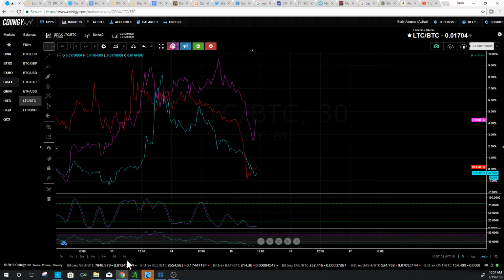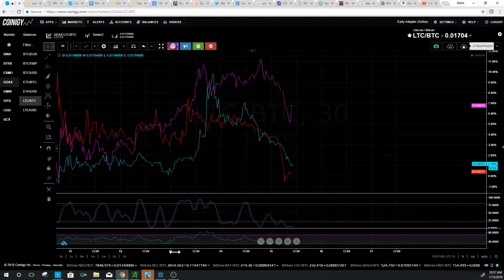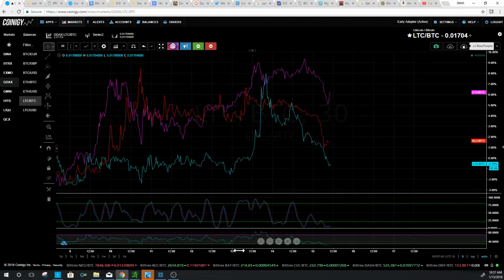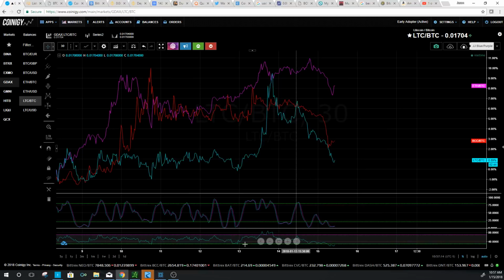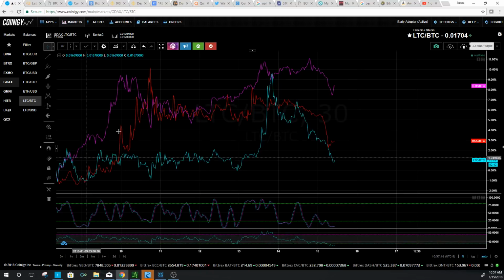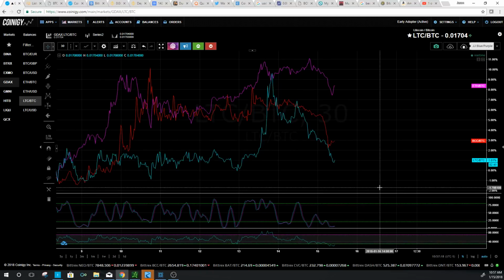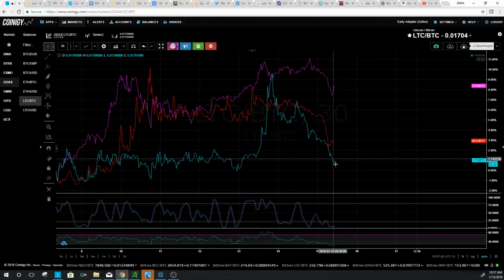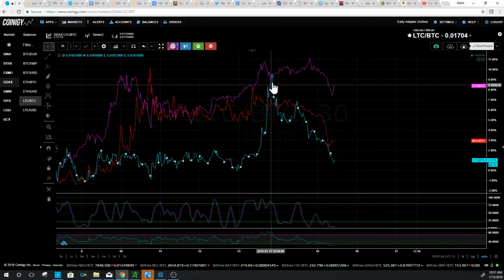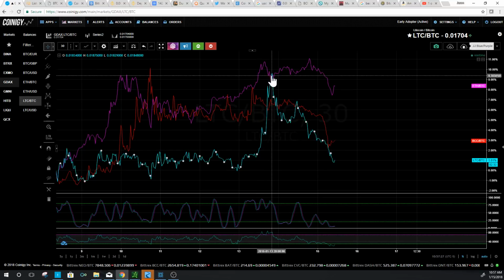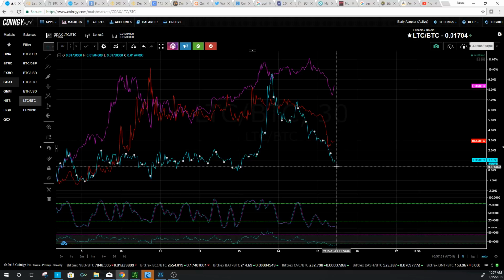Cash too. This is what I mean. It kind of depends on where you start these charts. You want to get a good relative view. To me, Litecoin definitely looks the cheapest. I mean, if you just look at the chart by itself, this Litecoin was overbought relative to Bitcoin, and look at this collapse we've had.